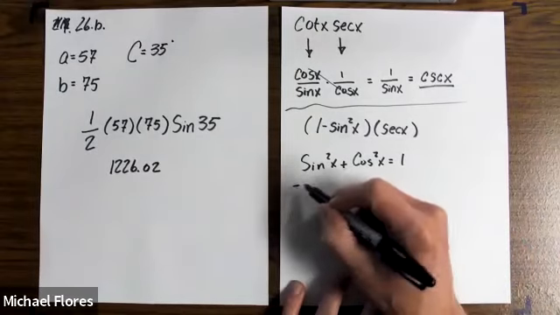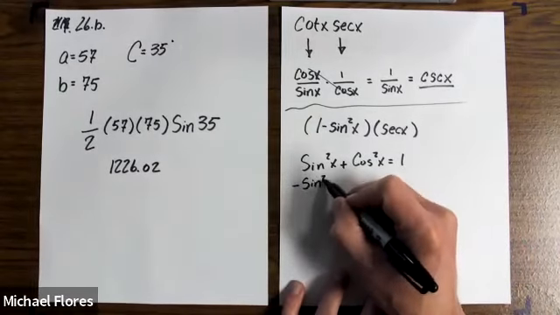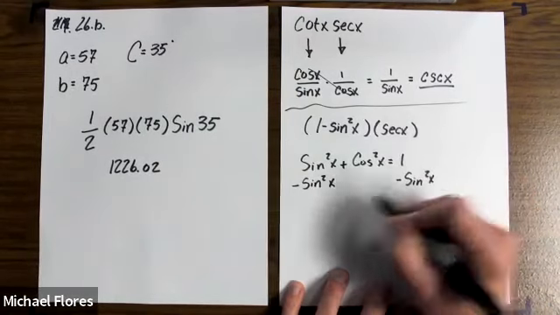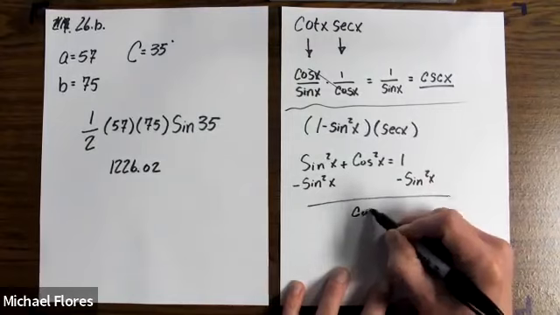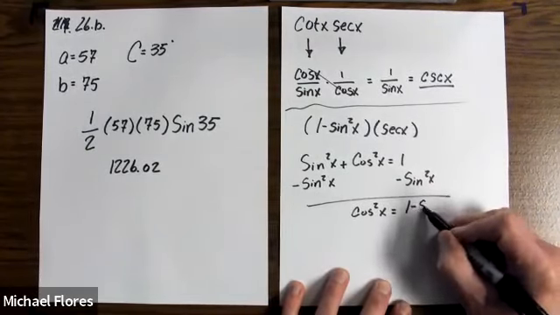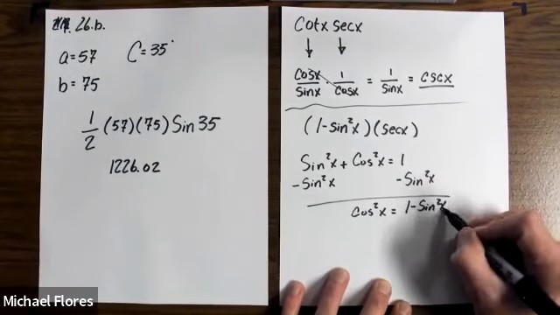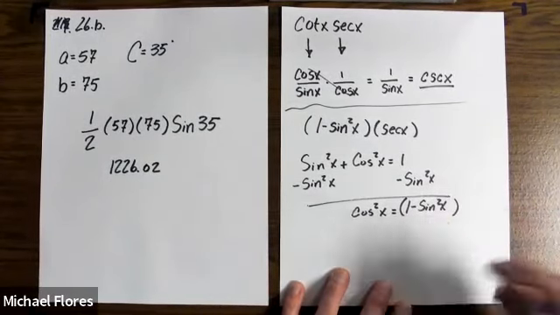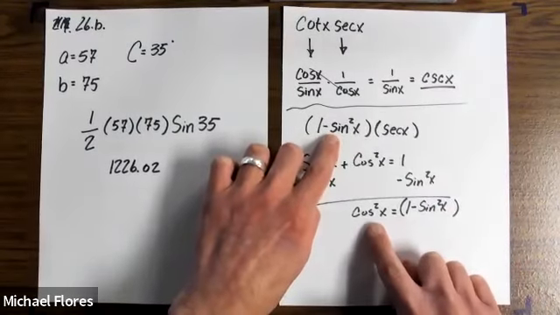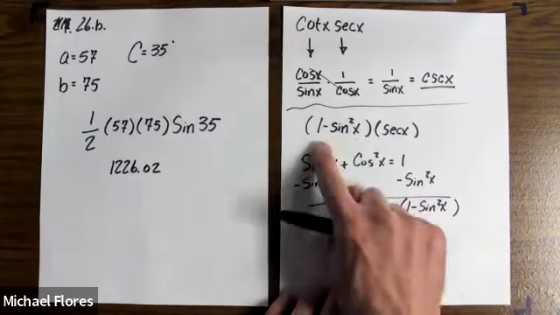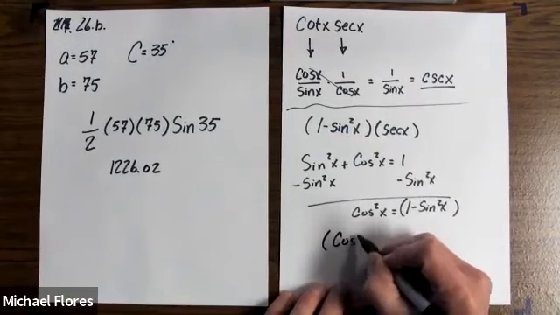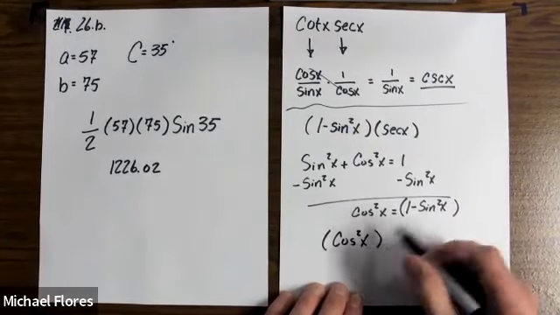If I were to subtract sine squared of x from both sides of the equal sign, that would leave me with cosine squared of x equals 1 minus sine squared of x. See? Same thing. This is equal to cosine squared of x. So that's what I want to change this parenthesis to. Change that to cosine squared of x.